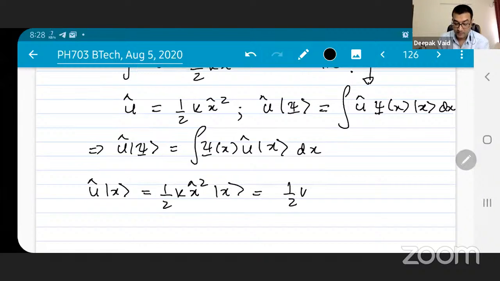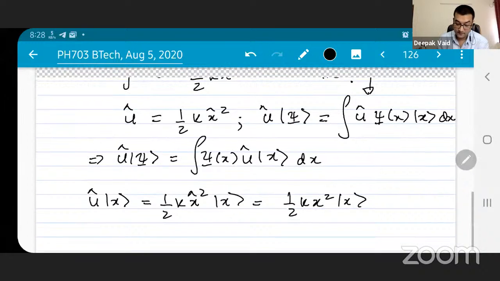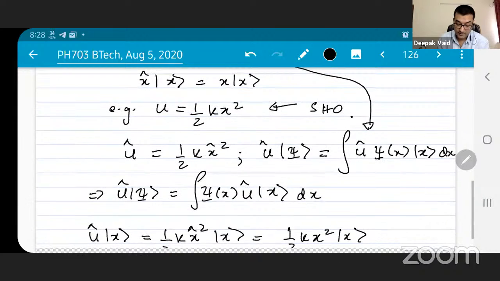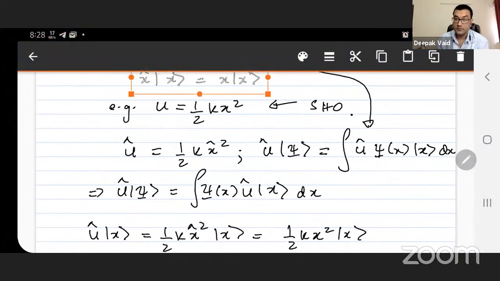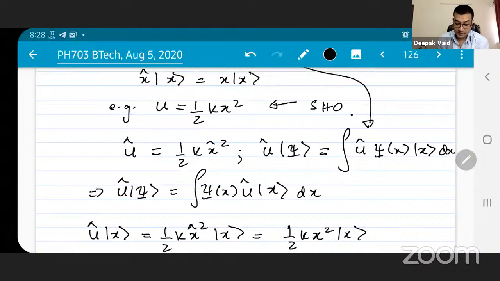Well, I just get 1/2 k x squared times x, using this property of the position eigenstate. x hat squared is just the operator x acting twice. That will just give me 1/2 k x squared.